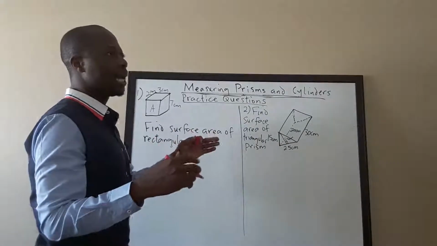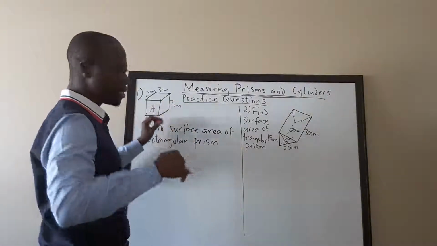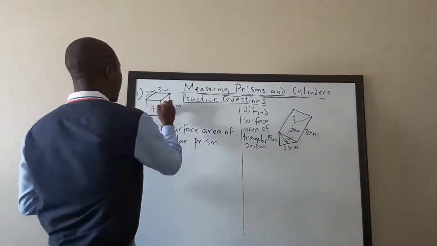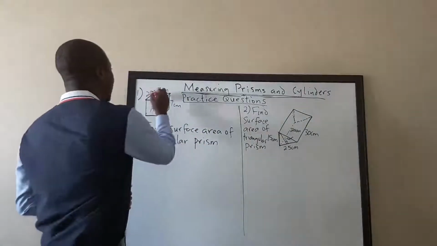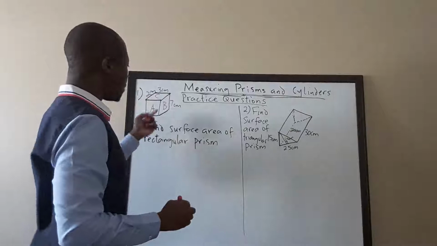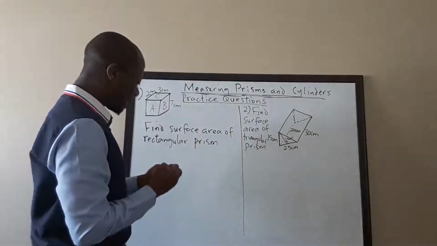I take the measure of A twice because there's another face like this opposite it. The same applies to B, and there's another face like C opposite C, on the bottom of the rectangular prism.